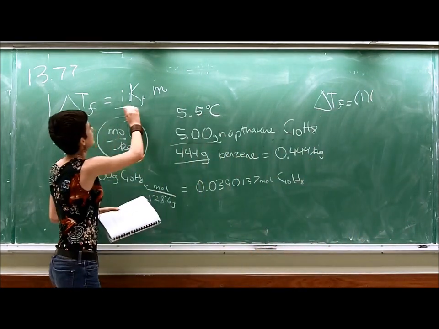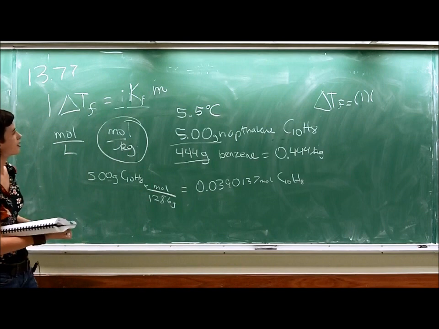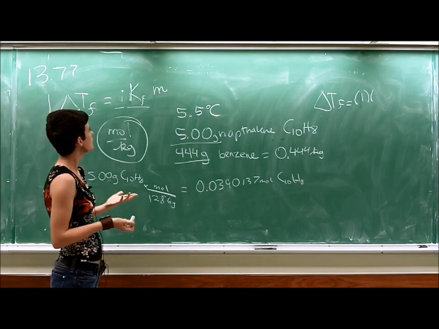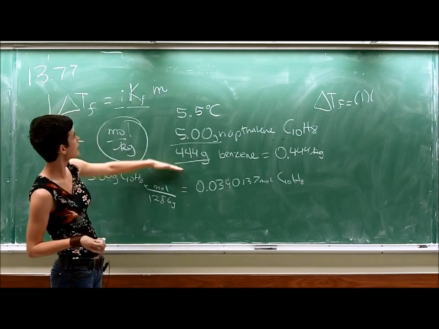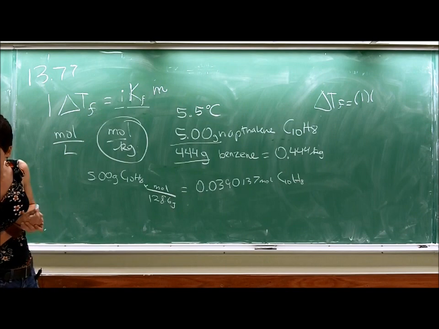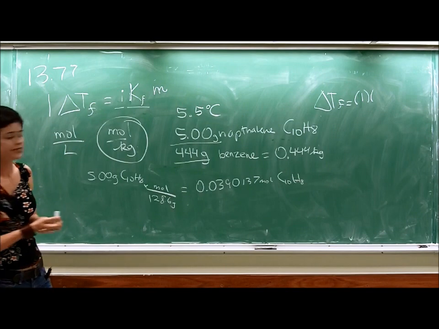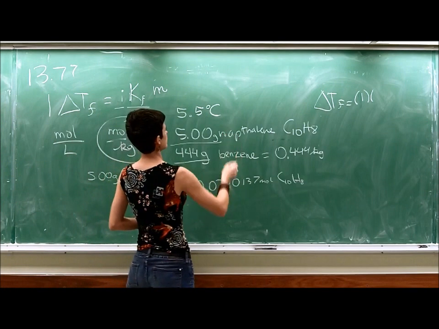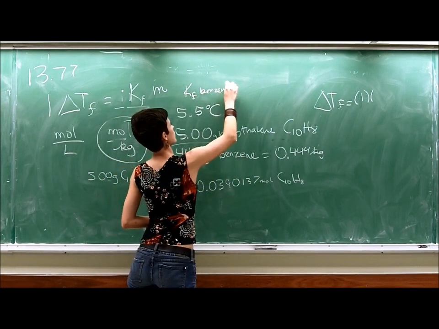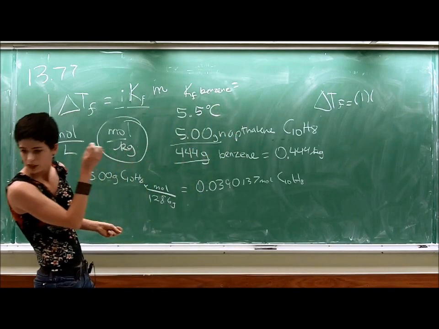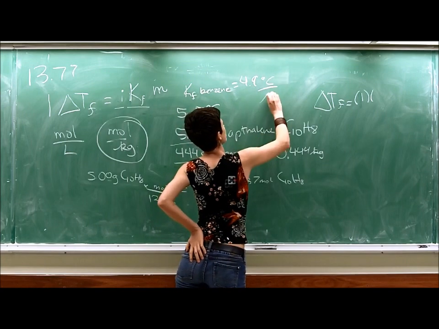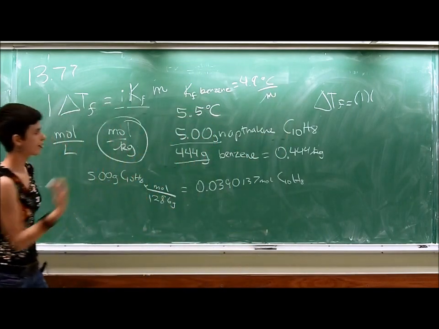Now we need our constant for our benzene. I didn't write this down earlier, forgive me. The Kf of benzene is equal to 4.9 degrees Celsius per molality.